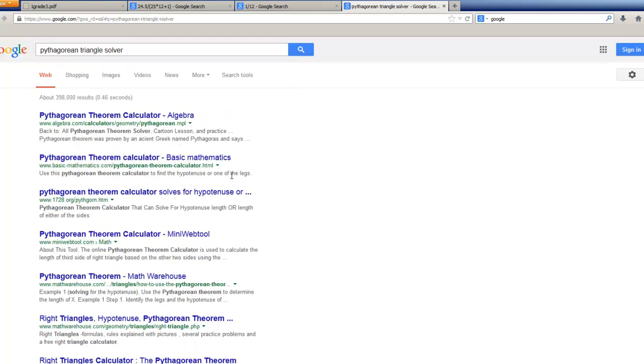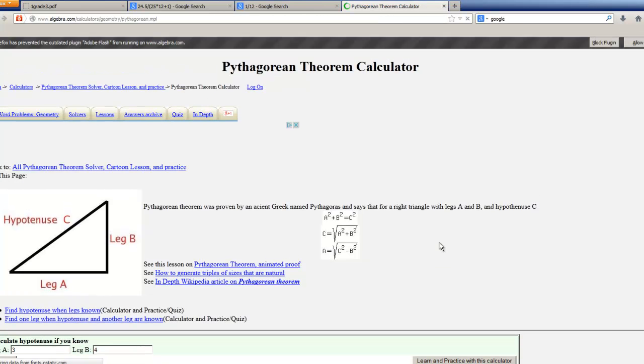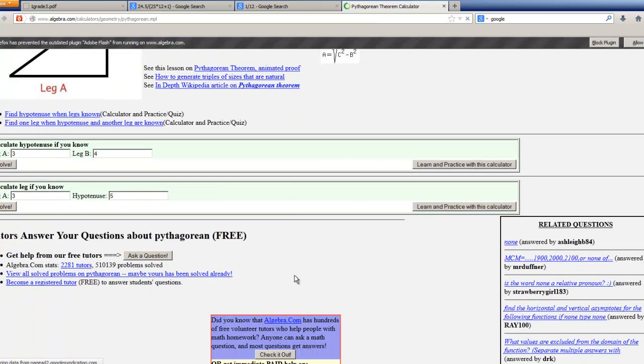Here's Pythagorean theorem algebra: calculate hypotenuse if you know, calculate leg if you know. We know a leg and the hypotenuse. The leg is 24.5 inches, and the hypotenuse, 25 feet times 12 plus 1, is 301 inches. Then we solve it.